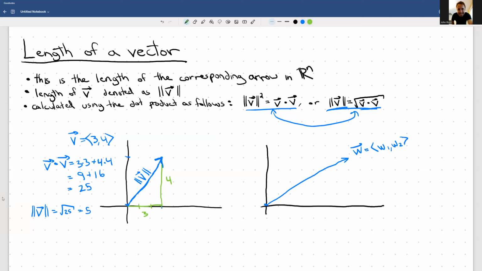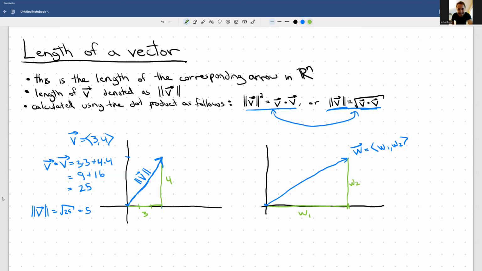What that means is that we moved w1 units in the x direction. So this base length here is a length w1. And then we move w2 units in the y direction. So this length here is length w2.